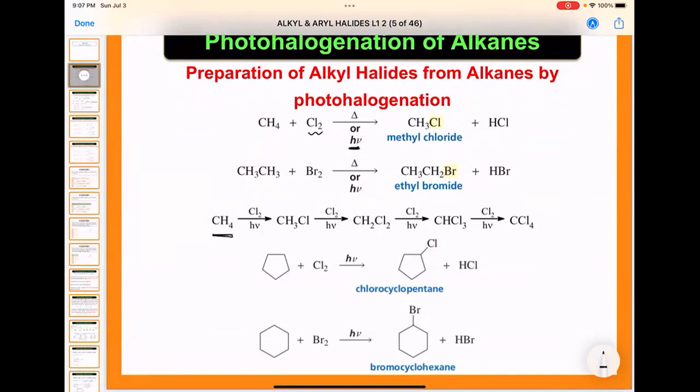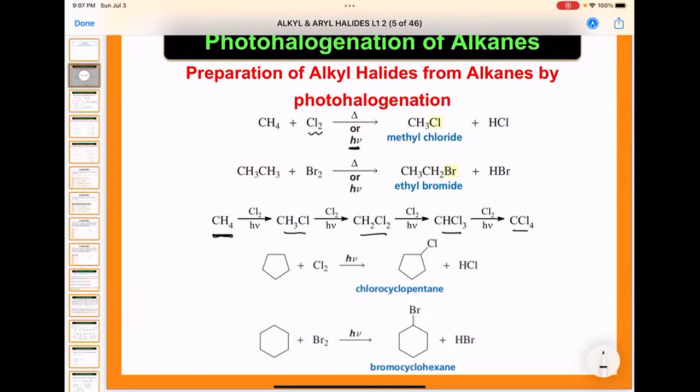If you started the photohalogenation of methane and took excess chlorine, then what will you get? Carbon tetrachloride. Because if you are taking chlorine in excess, the first time you will get CH3Cl, the second time you will get this, the third time you will get chloroform and then carbon tetrachloride.